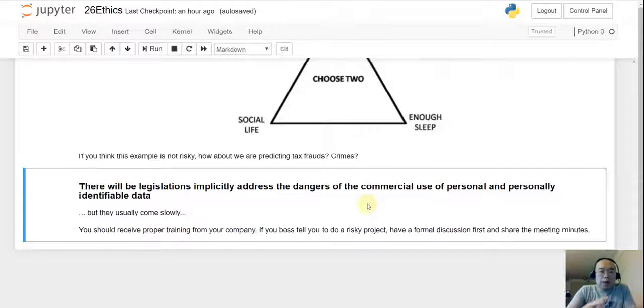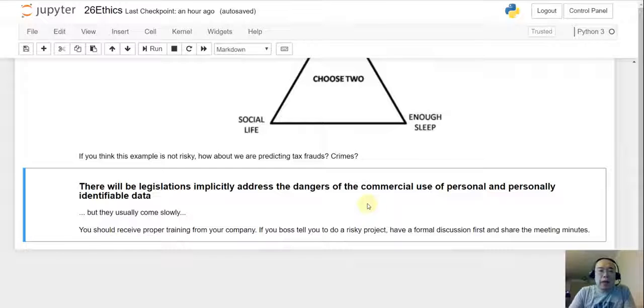Or if your company doesn't do that for you, another trick you can do is have a serious talk with your boss, and then after that write an email as the meeting minutes, send it to your boss and say, hey boss, this is what we have discussed, could you see if everything I remembered is correct, and if so, could you send me a reply as confirmation.